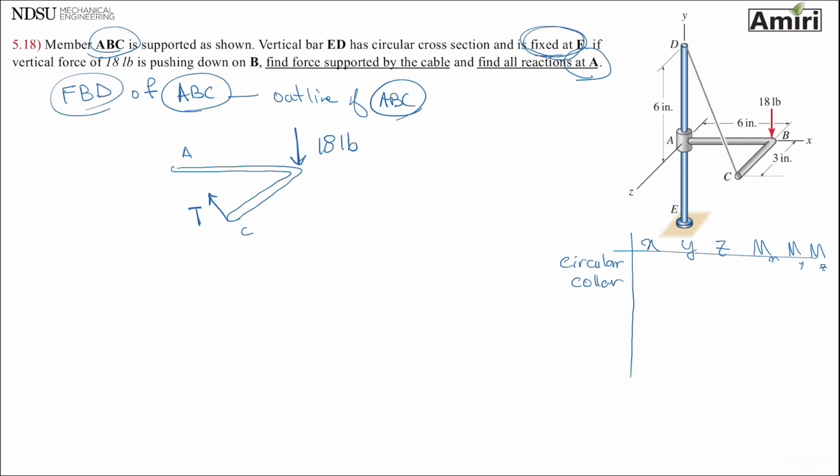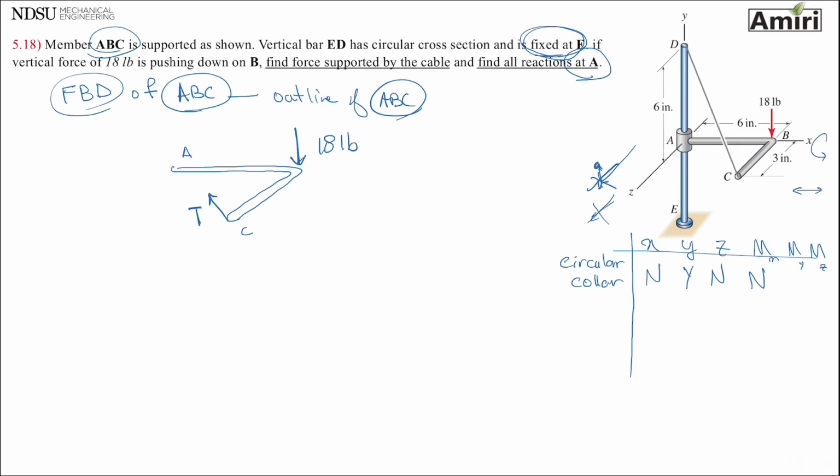So let's see, does this move in direction of X? No. Does this move in direction of Y? Yes. It's circular shaft, circular cross section, so yes, it moves. Does it move in the Z direction? No. Oh, sorry, Y is yes. Let's look at the rotation. Does it rotate about X-axis this way?